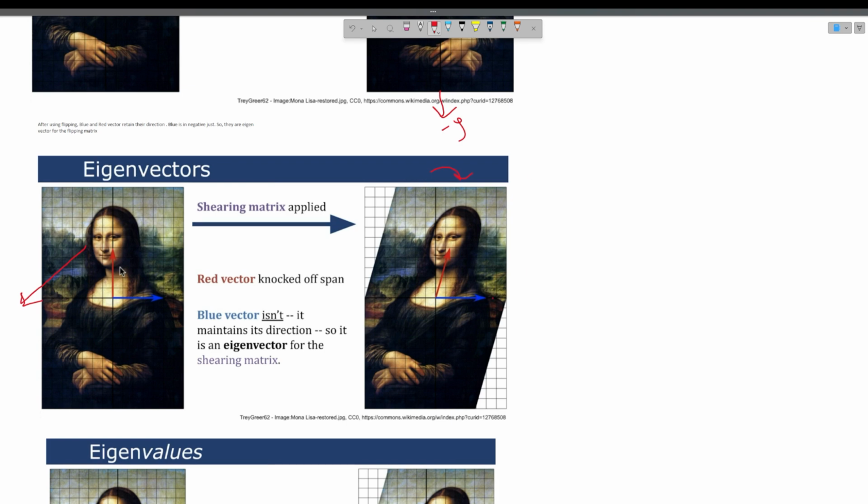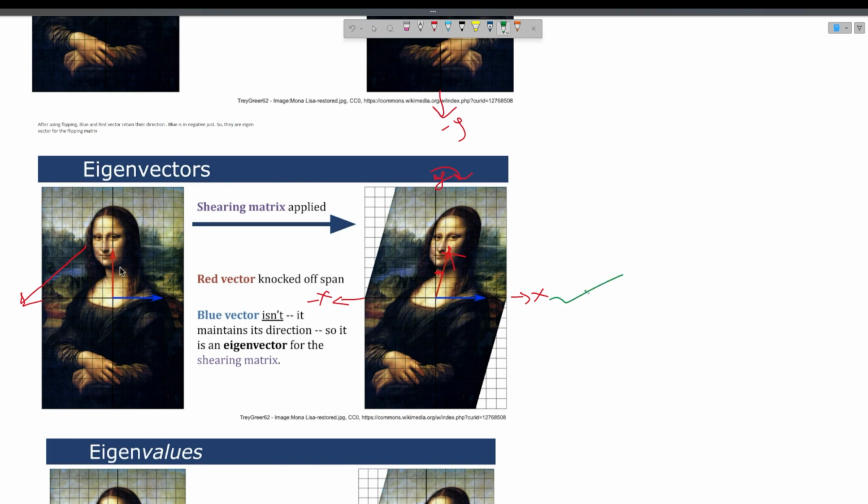Now you see this basis vector is still in the x-axis, although it can be in minus x, no problem with that, but this vector has moved a bit. It was in the y-axis earlier, but it is not in the y-axis right now. After we moved the image, it's somewhere between x and y. That means we cannot call this an eigenvector. We can call only this blue one an eigenvector.